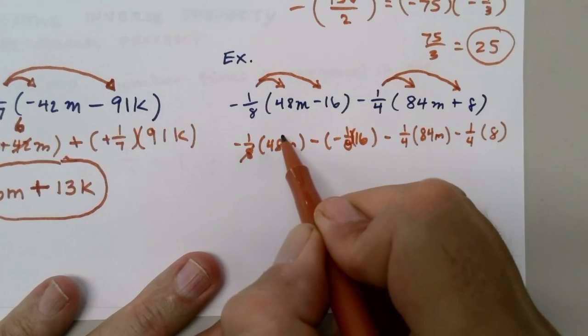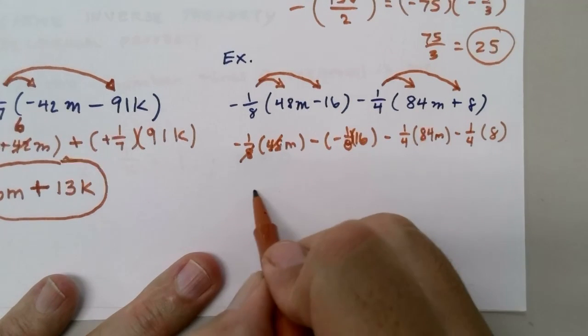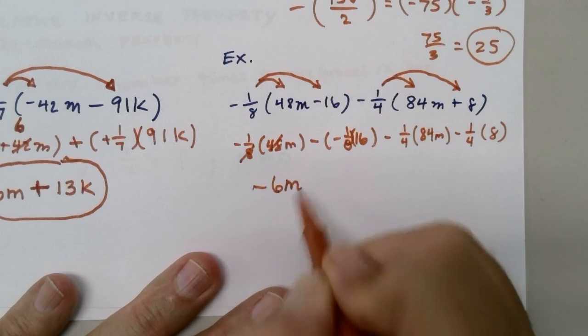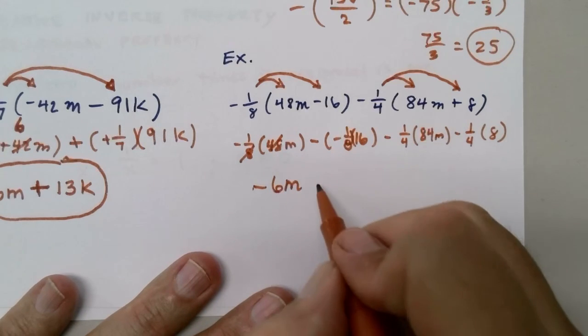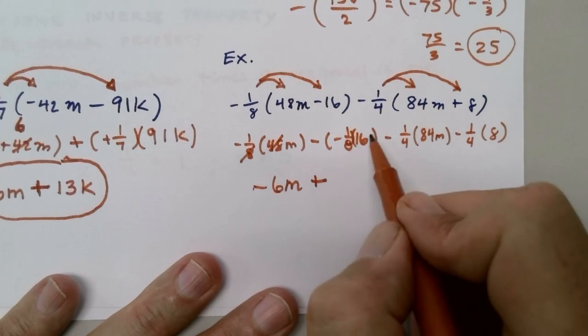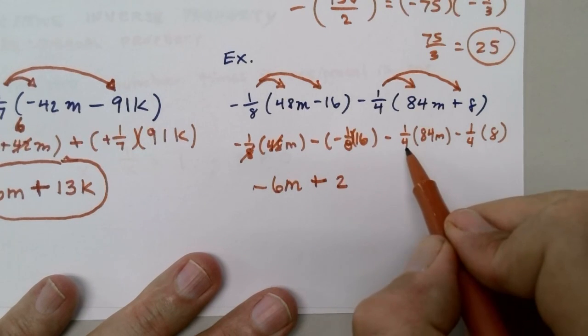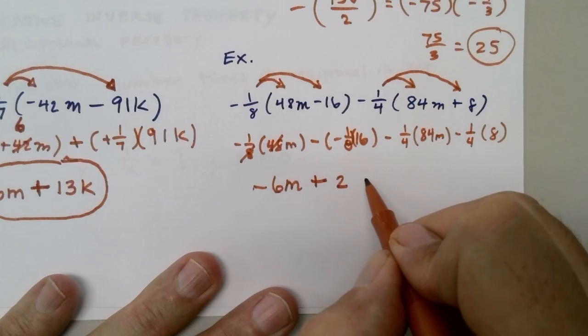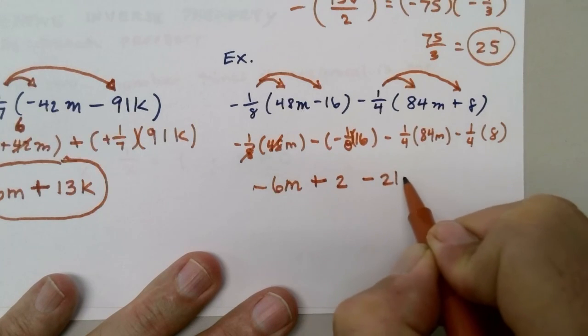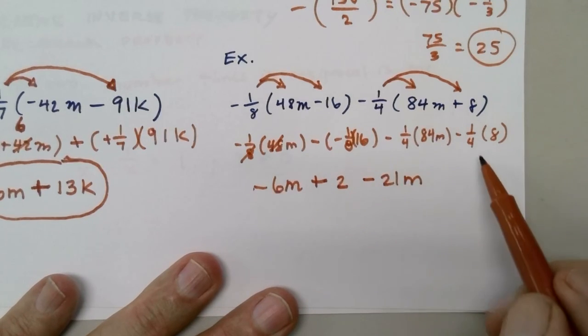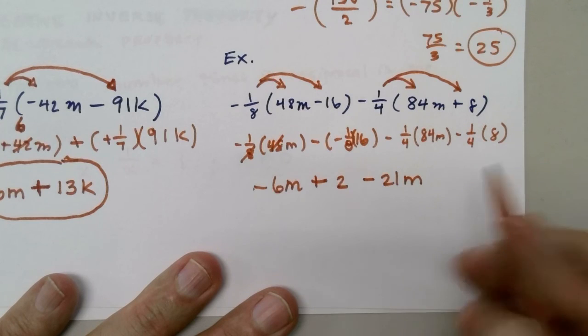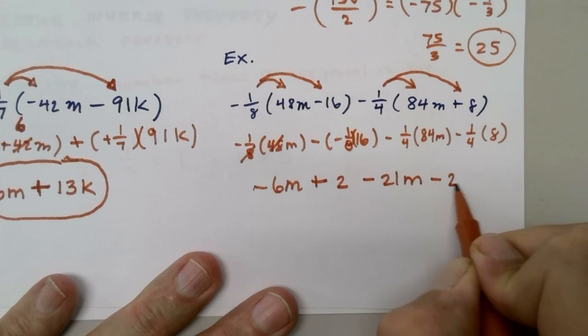So here the 8 cancels off the 48 and I get negative 6m. Here I have a negative times a negative, so it's a plus. 16 over 8 is 2. Here I have negative 1/4 times 84, which is negative 21m. And here I have negative 1/4 times positive 8, which is negative 2.